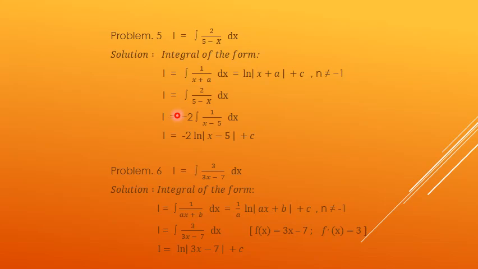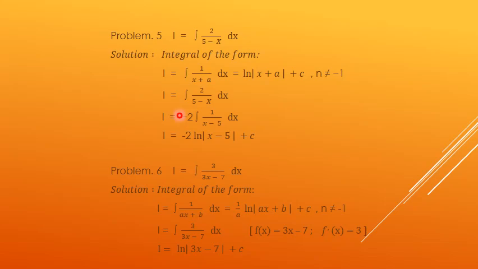If we pay more attention to the condition of the question, we can see that here 3x minus 7 is the function f of x, and when we take the derivative of f of x we get 3. So in this question we have the function and its derivative is given.